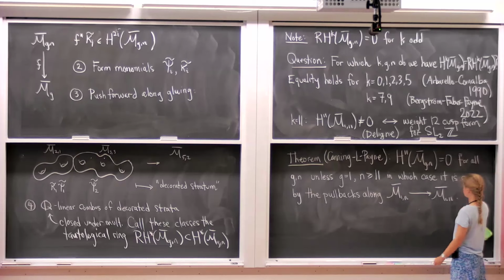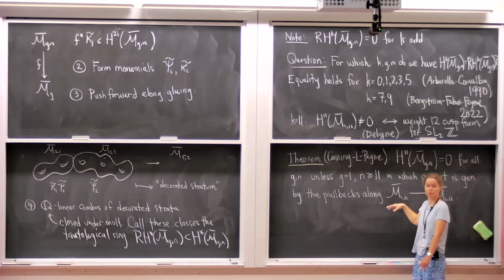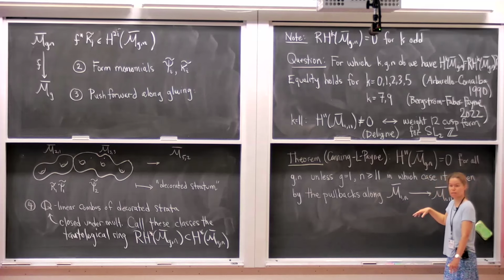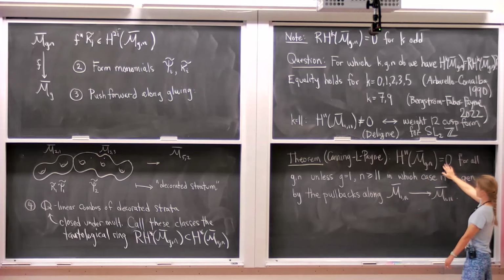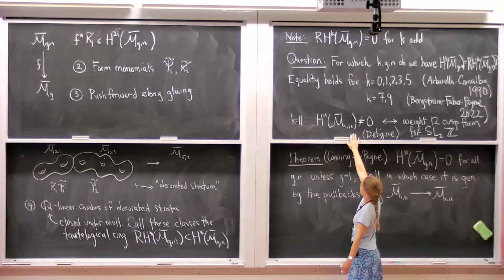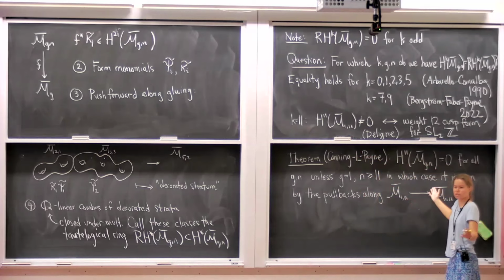And we also know the relations among these different pullbacks that you will get. So I think this vanishing in genus 2 or more was a little bit of a surprise, because people saw this class in genus 1 and thought maybe H^11 is always non-zero.